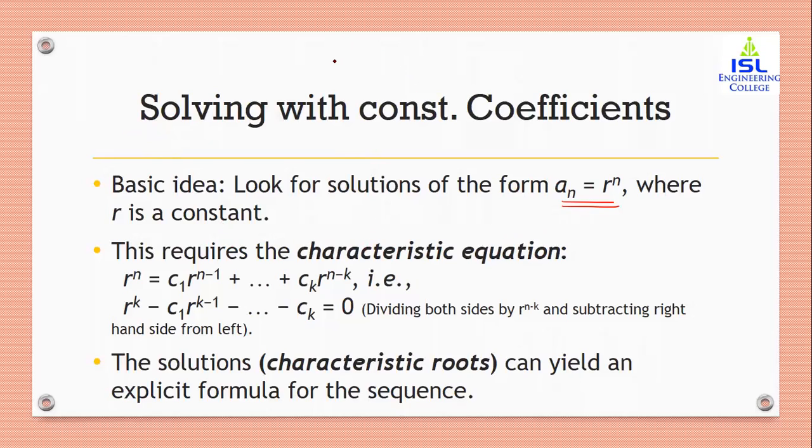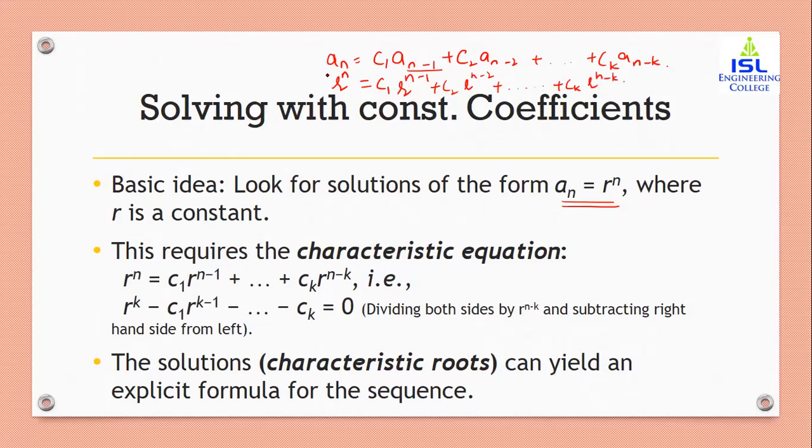Suppose our recurrence relation is given as an = c1 a(n-1) + c2 a(n-2) + and so on, ck a(n-k). Then a solution exists in this form if and only if, replacing an with r^n, we have r^n = c1 r^(n-1) + c2 r^(n-2) + and so on, ck r^(n-k).